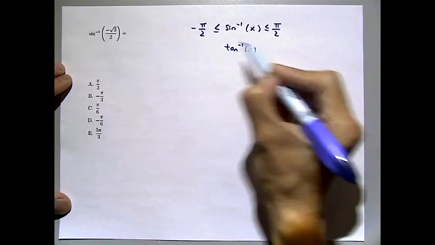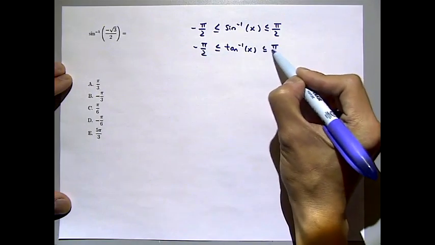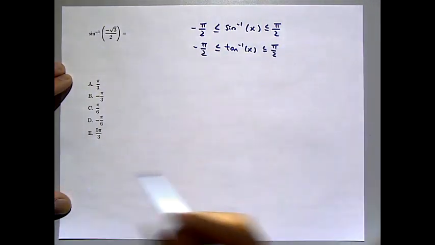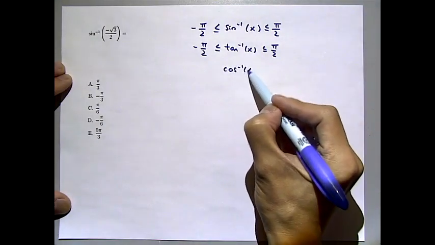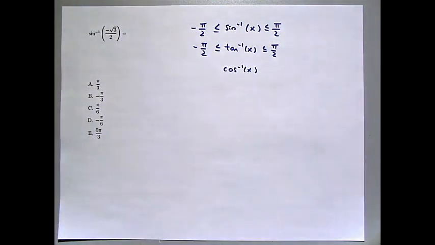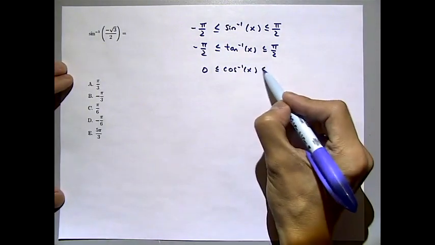Inverse tangent is defined the same way. What about inverse cosine? Who remembers what the range of inverse cosine is? 0 to pi, right. Be very careful with that, 0 to pi.